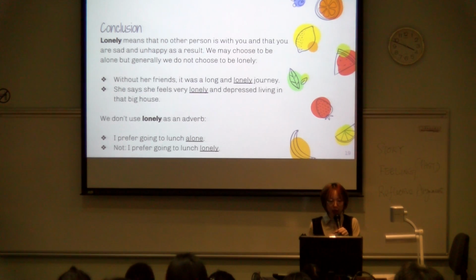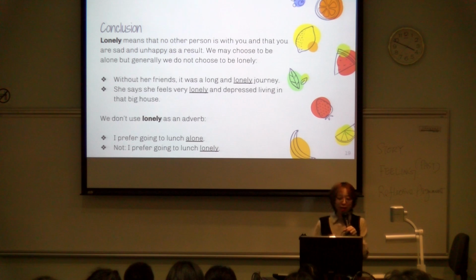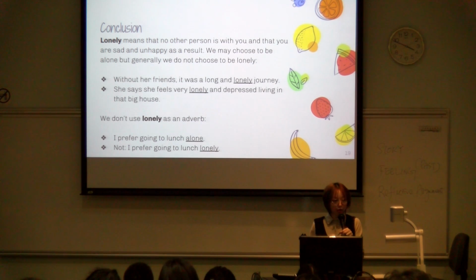But lonely here can just be used to describe a person's feelings, so usually it is used as an adjective. So normally, if children are clear enough, if they find some verbs here, they could not just choose lonely, because lonely can only be an adjective here.